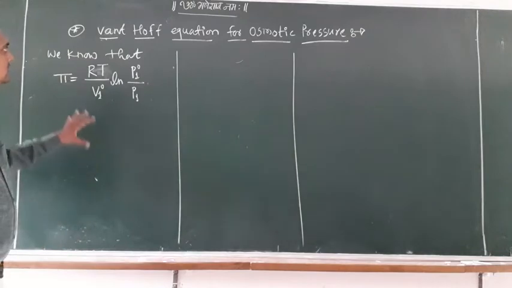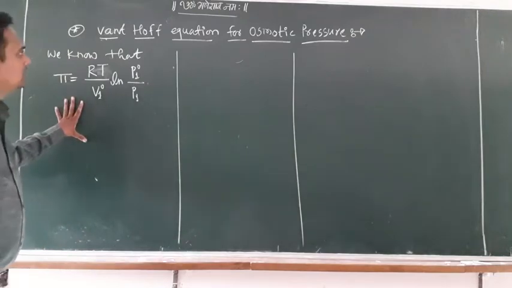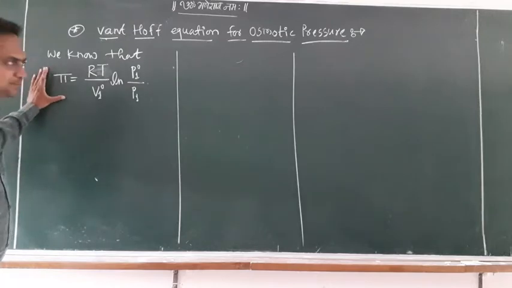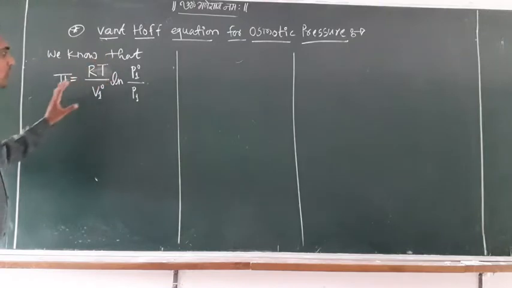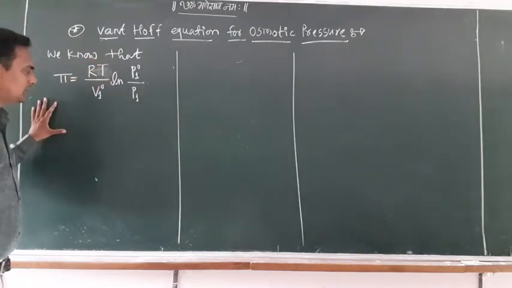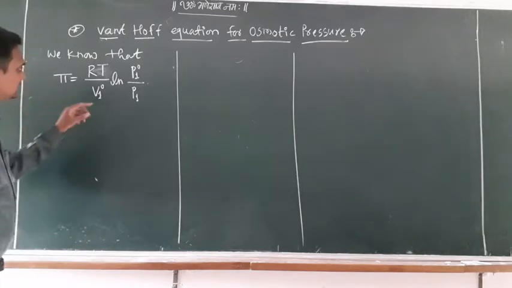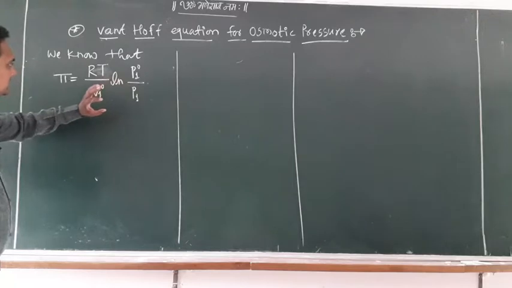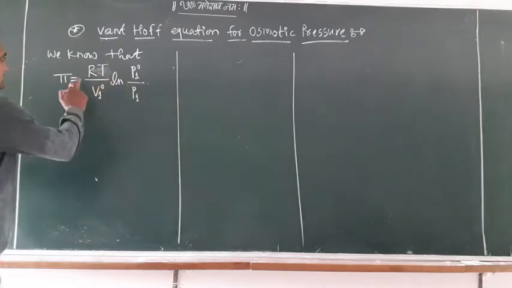So to derive the Van 't Hoff equation, we have to start from this equation. We have to remember this equation. This is also an important point. It will be asked in the university exam for 3 or 4 marks. If we change the denominator and numerator, this sign will change.